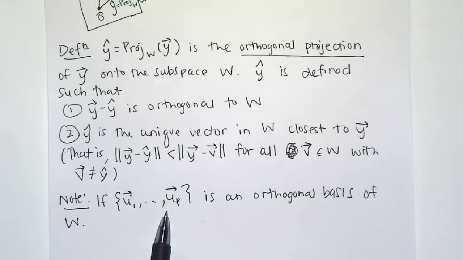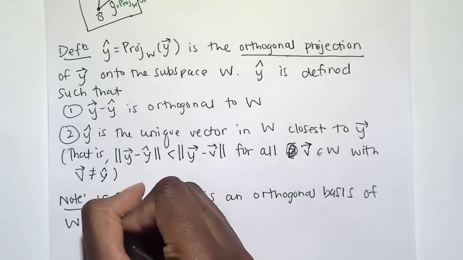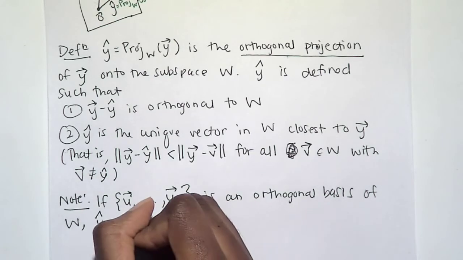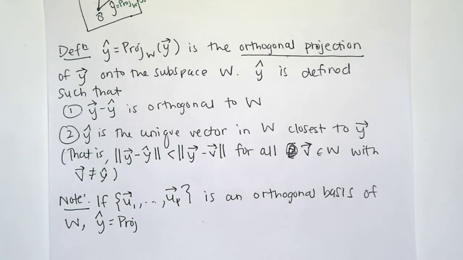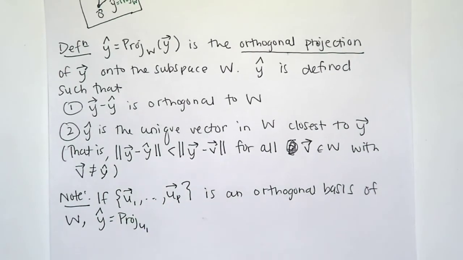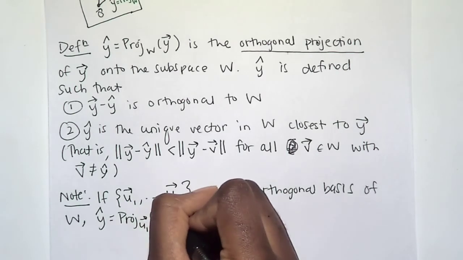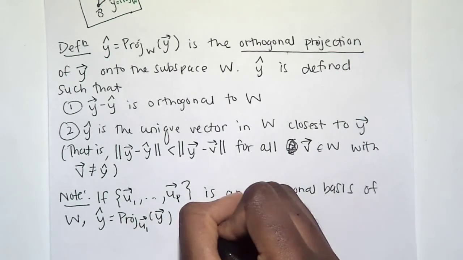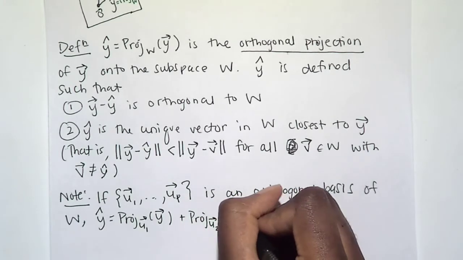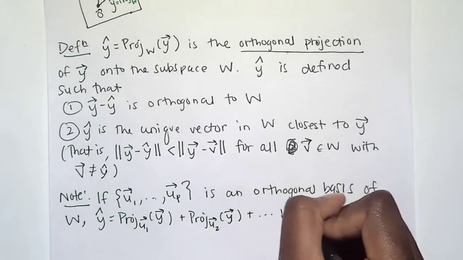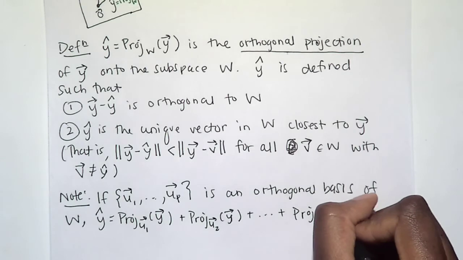So if this set of vectors is an orthogonal basis of W, then our projection, y hat, is actually the projection onto the first vector in our basis of y, plus the projection onto our second basis vector, all the way to the projection onto our last basis element.